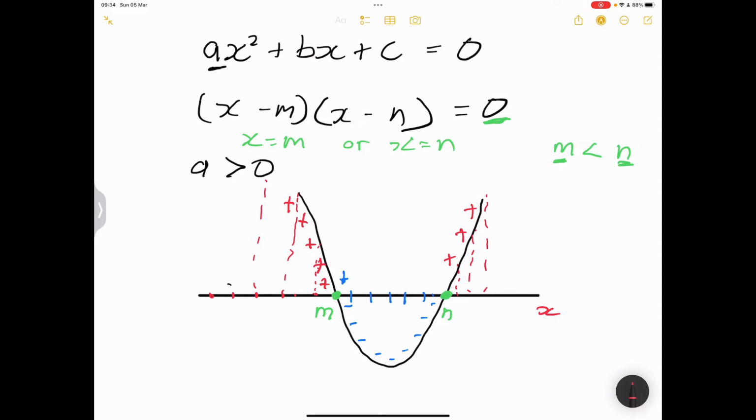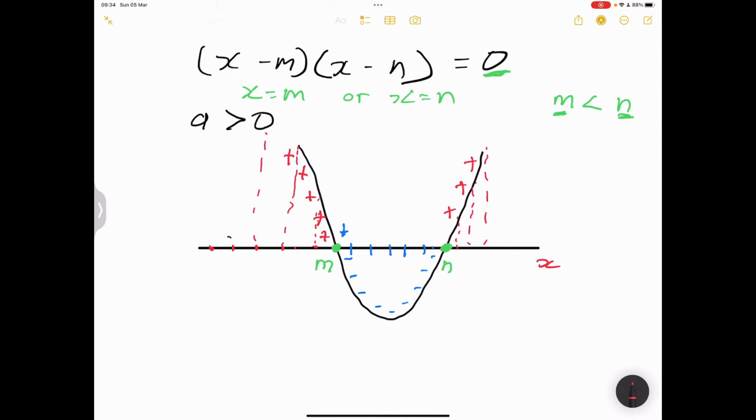So when we look at that parabola, it tells us that for any x value from negative infinity all the way to m, the graph has positive y values. So the y values in the graph are positive all the way for x until it becomes negative infinity.